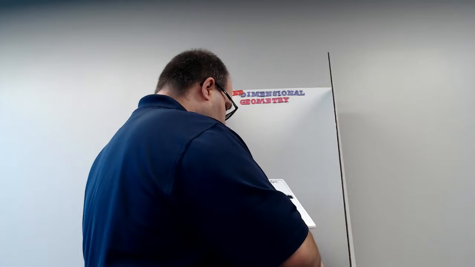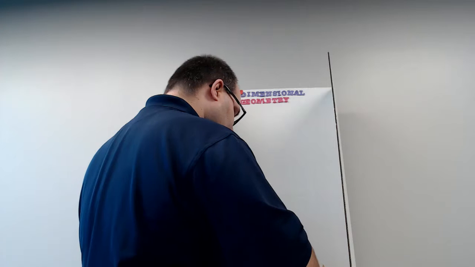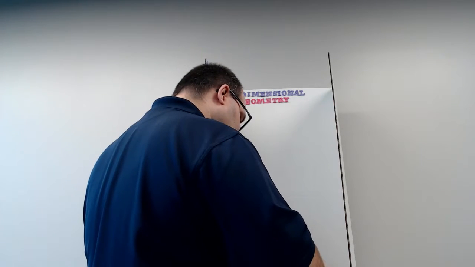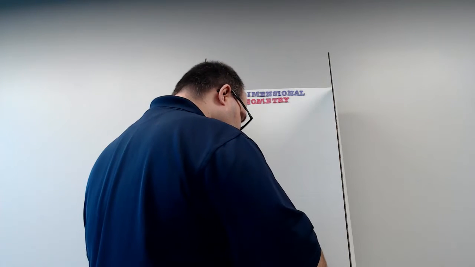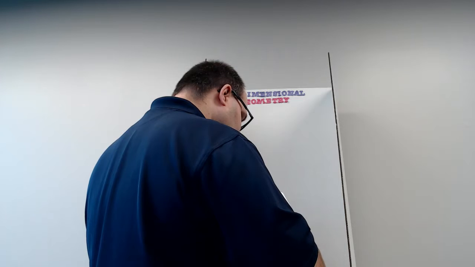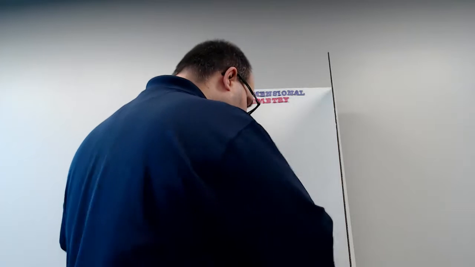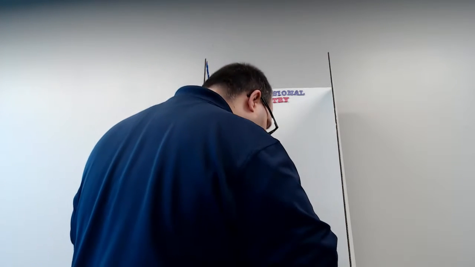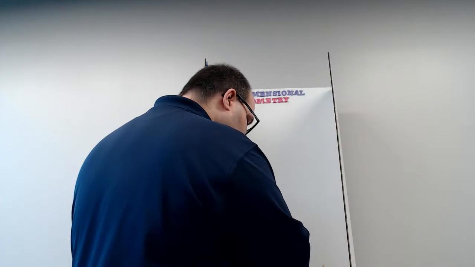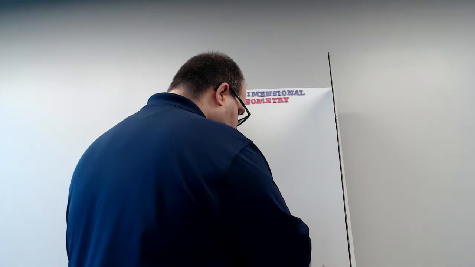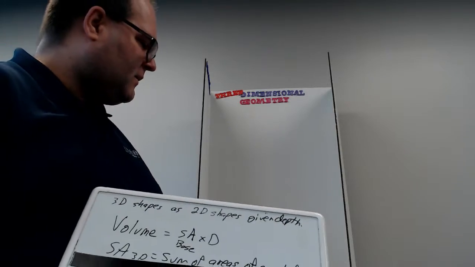So 2 times pi times 25 squared, plus 2 times pi times 25 times 75 gives us 12,114.25 square millimeters as the surface area of this cylinder.